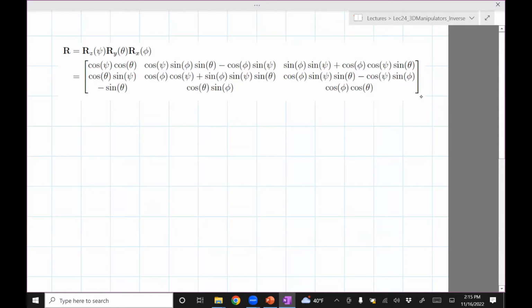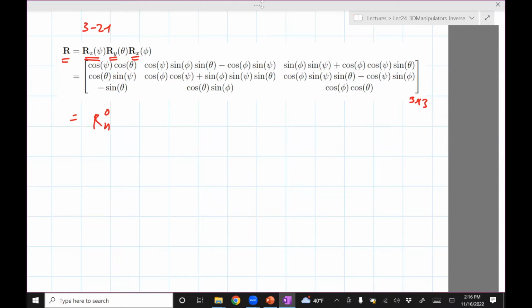In the 3-2-1 Euler angles, we had computed the rotation matrix: rotation about the z-axis, then y-axis, then x-axis, and you get this whole big 3x3 matrix. So this is going to be your Rn0, because you're trying to place the end effector at that position.